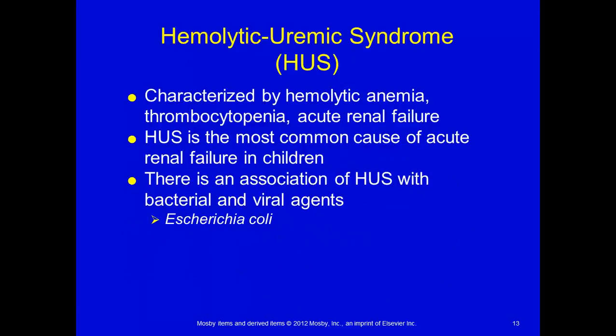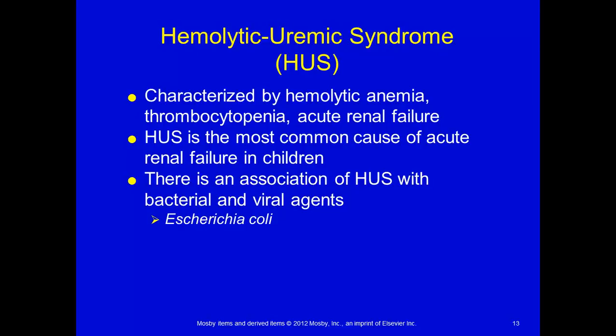Last one of the glomerulonephritis is hemolytic uremic syndrome, HUS. This is also a subtype of glomerulonephritis, but it's a little bit different than the ones we've talked about previously. As you see here on the screen, it is characterized by some things we didn't see in the other forms: hemolytic anemia, thrombocytopenia, and acute renal failure.